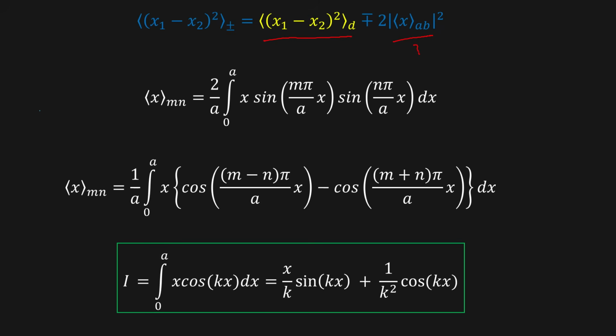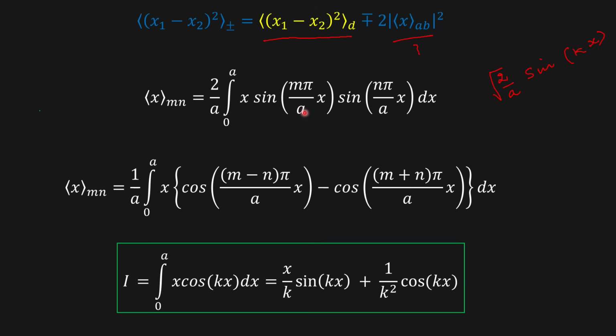So the expectation value of x_mn is equal to, you know, the wave function for the infinite square well potential, which is the square root of 2 over a times sine kx, where k is equal to n pi over a. We know it.